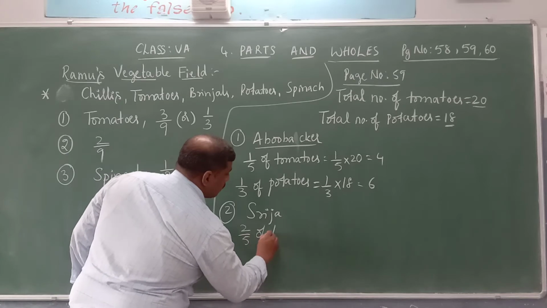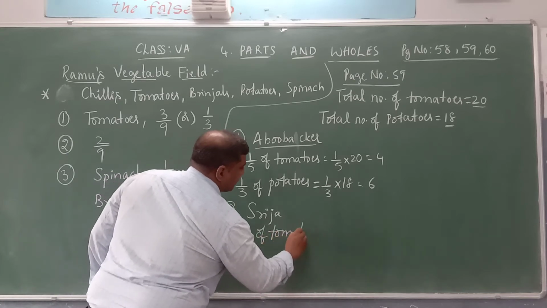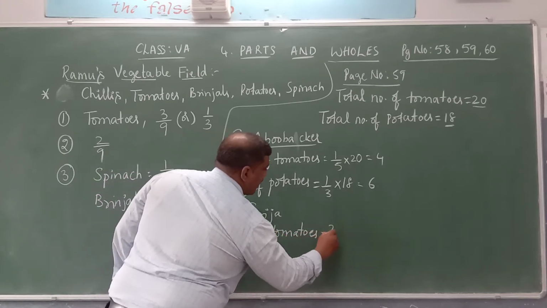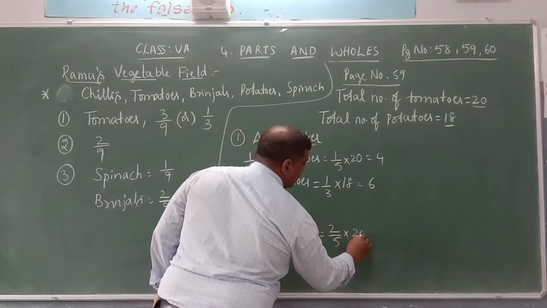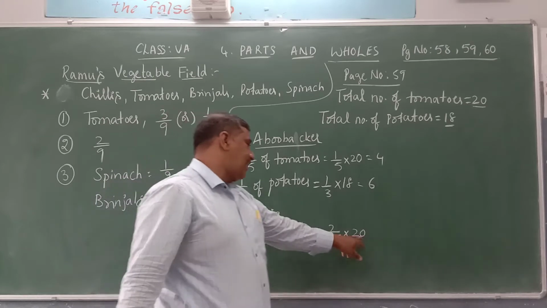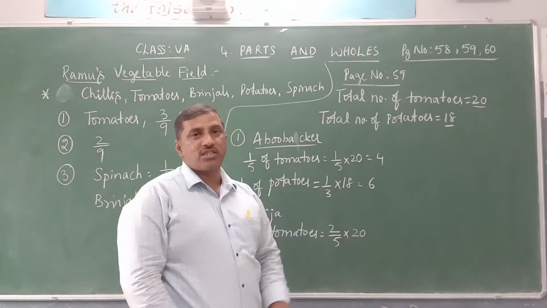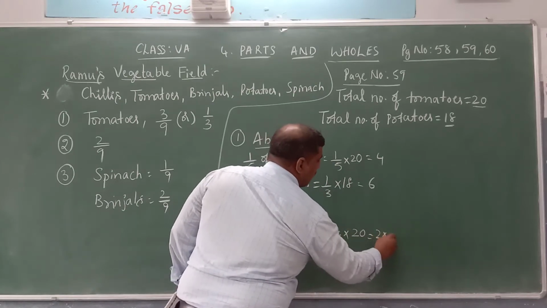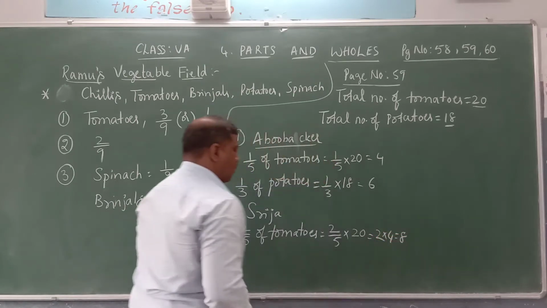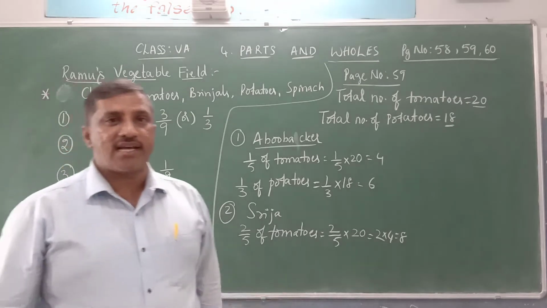So 2/5 of means into the total tomatoes, which are 20. Divide 20 by 5. 5 fours are 20. So we get 4, and 2 is here. 2 into 4 is 8. So Srija got 8 tomatoes.